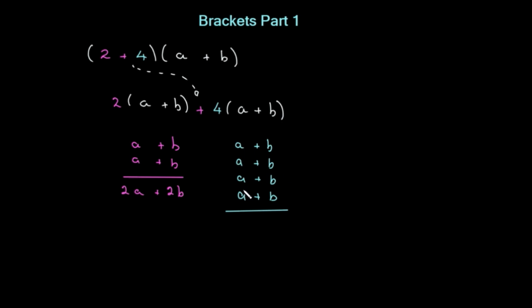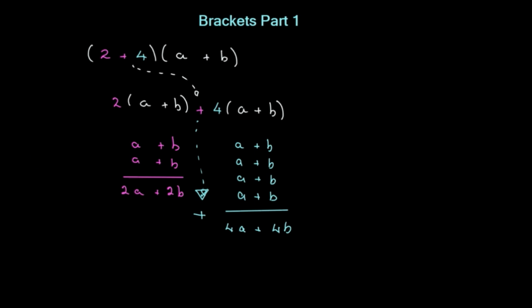Add them up, we get 4 lots of a plus 4 lots of b. Now the thing is, we got this plus here, which is in fact that plus there, which connects those 2 together. So that one there means we add this lot to that lot.